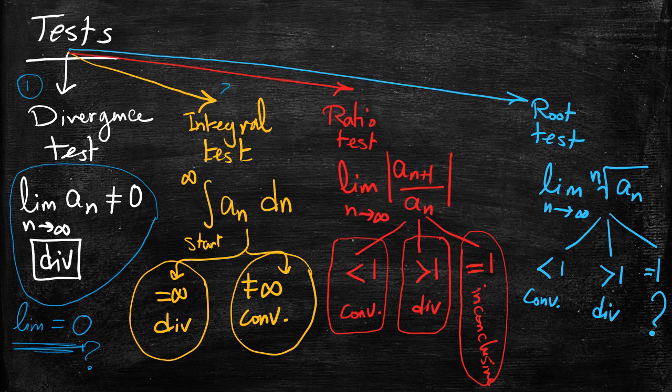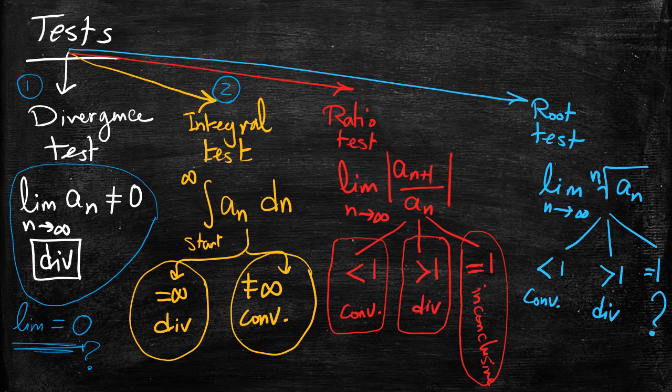The second test will be the integral test. If we do a summation of infinitely many terms, this can be approximated by the integral itself, and the integral will be slightly greater than the series itself.